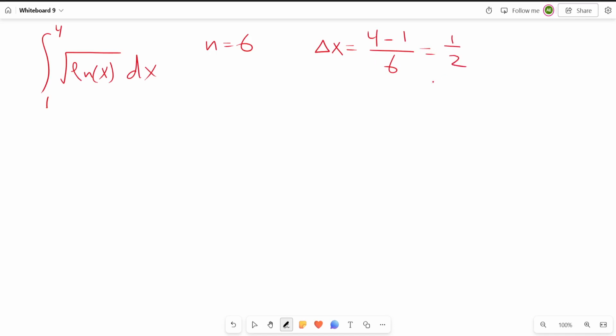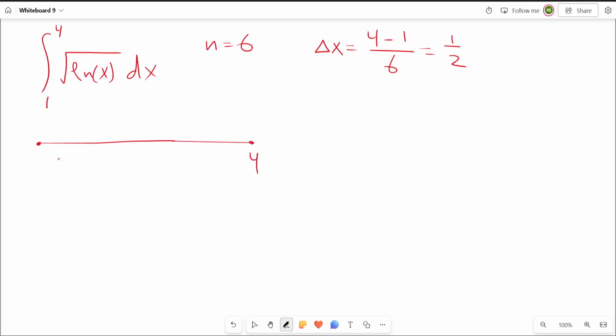so it's basically 3 over 6 or 1 over 2. So the next thing is to do our number line. We start from 1, we end at 4, and we have a jump of half, or 0.5. So let's actually elongate this a little bit.